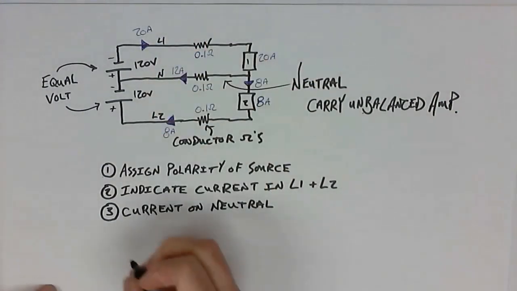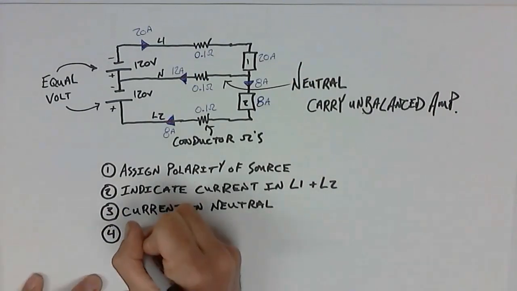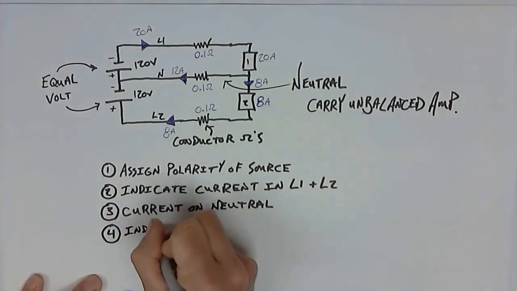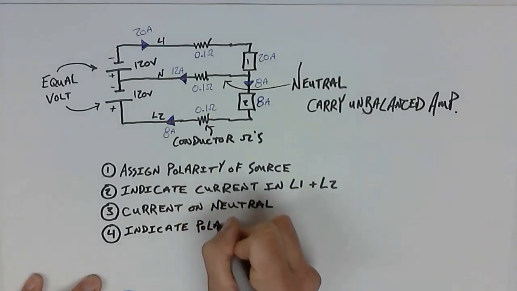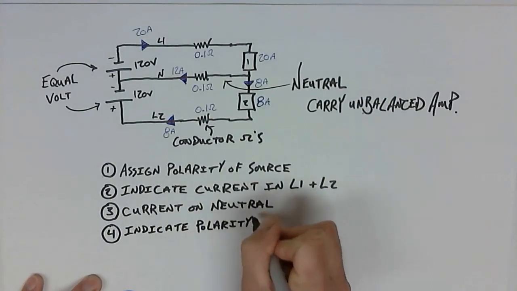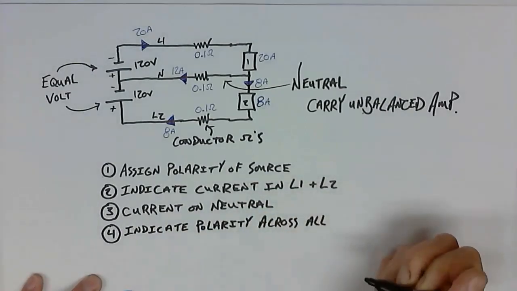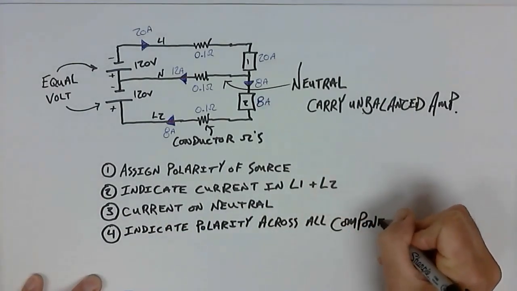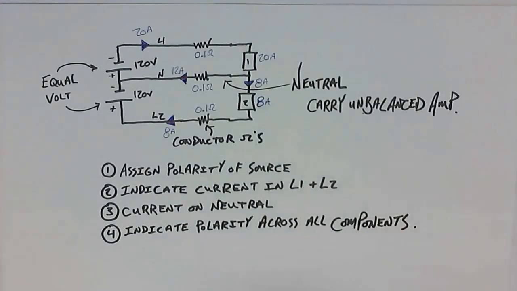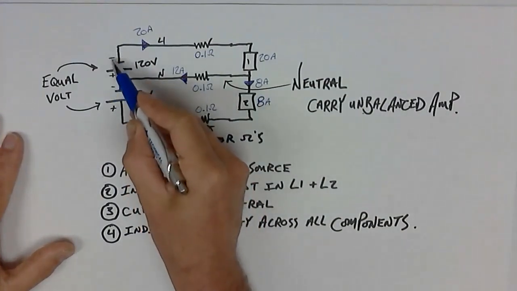Step 4. Indicate polarity across all components. Okay, so negative is here.